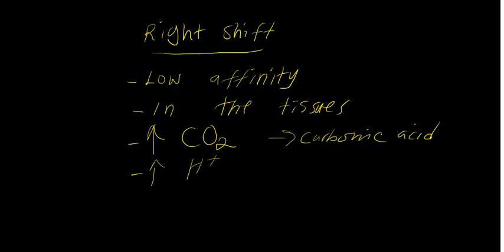And this carbonic acid will dissociate into bicarbonate plus the same hydrogen ions that I talked about. So an increase in hydrogen ions means low pH, and the pH becomes more acidic.